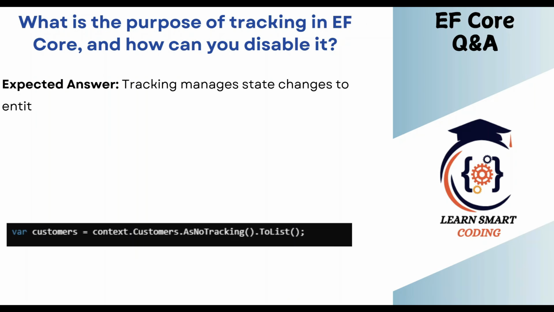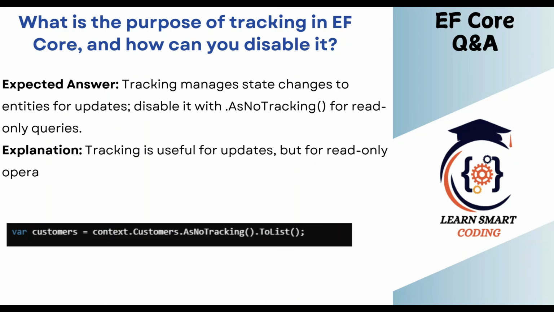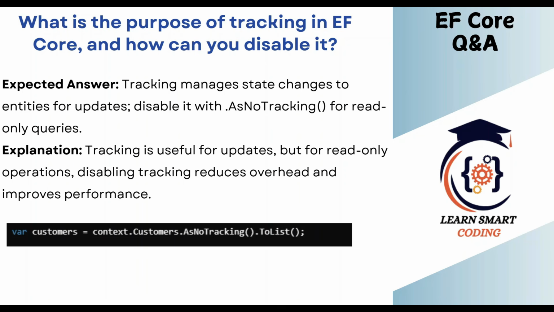Now, what is the purpose of tracking in EF Core and how can you disable it? Basically, every single time you query a database table, EF Core will automatically track the entities. So for example, let's say context.customers.first.